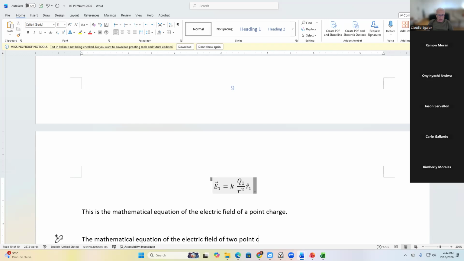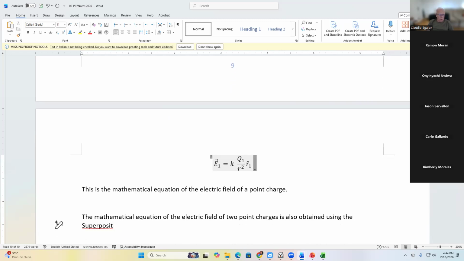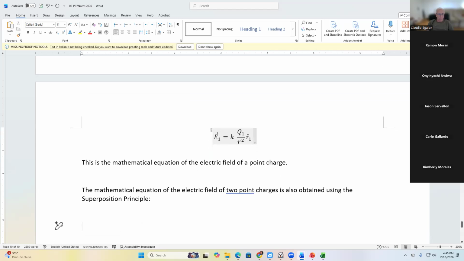The mathematical equation of the electric field of 2 point charges is also obtained using the superposition principle. I showed how to do that in a qualitative way, right? And now I'm going to show how to do that in a mathematical way. Okay, so here we go.